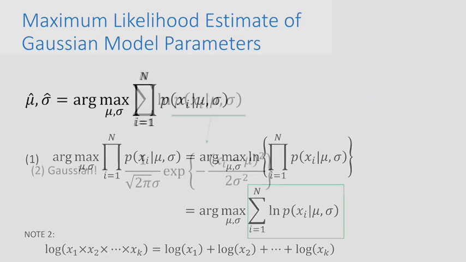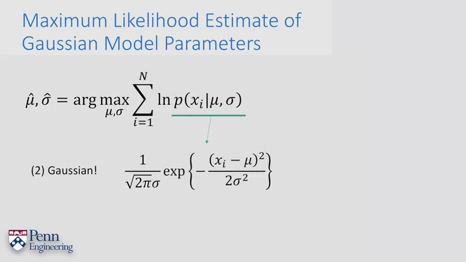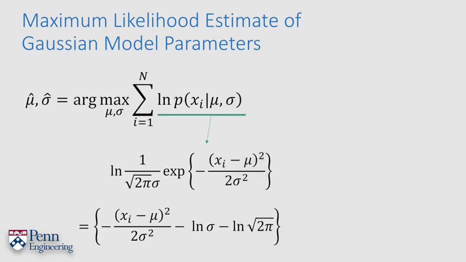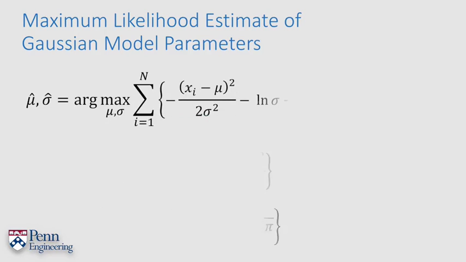The next thing I want to remind you is that we are dealing with a Gaussian, which has this specific form. Using a property of the logarithmic function, we can write the log likelihood exactly like this. With the expanded notation of the log likelihood, we may rewrite the problem like this.